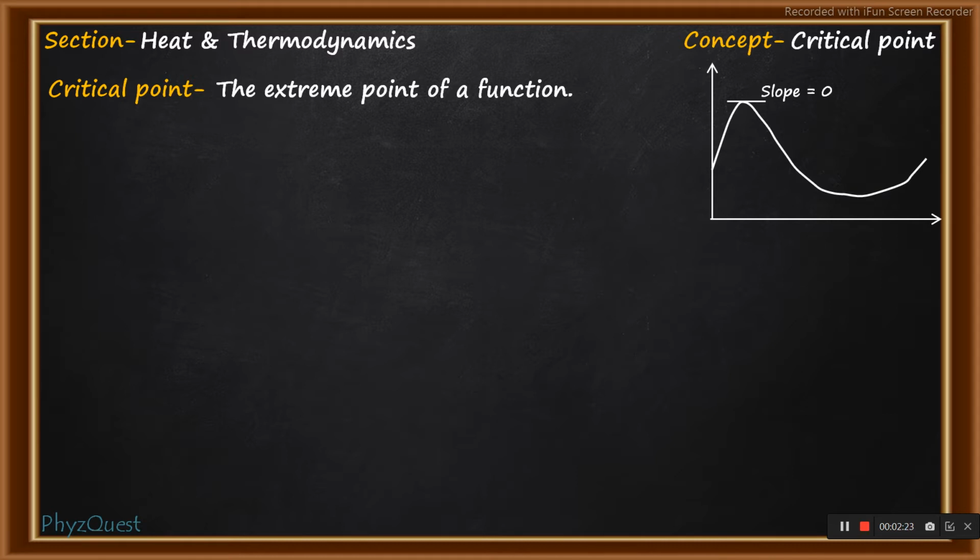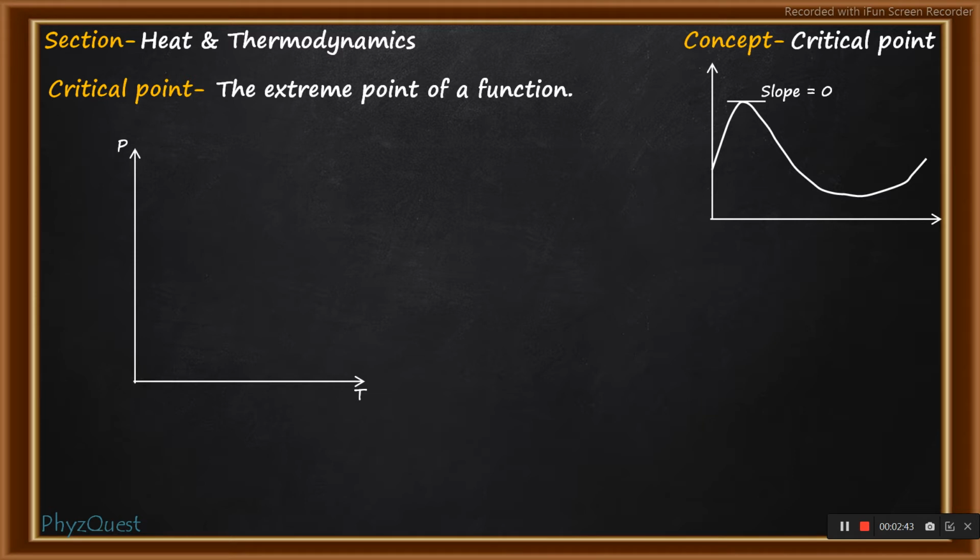To understand this concept thoroughly, you have to consider the phase diagram of a pure substance, or you can say the pressure versus temperature curve for a pure substance. Let us consider the pressure temperature curve of water.